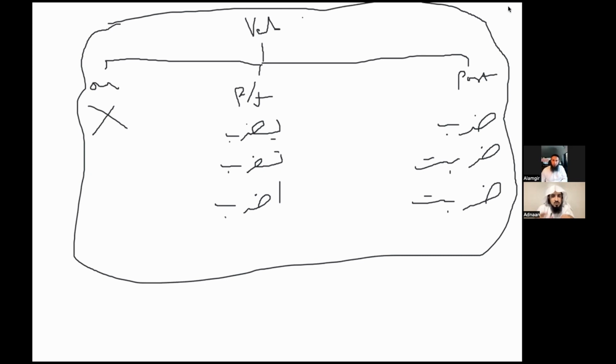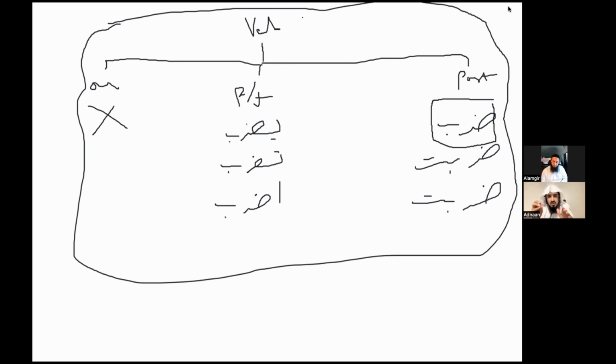Okay? So notice how you've got words where in the past tense, these verbs can be made of 3 letters. There's originally 3 letters, and then you can add on. Now, when you've got 3 letters, remember I told you there's a wazn for the words in Arabic.